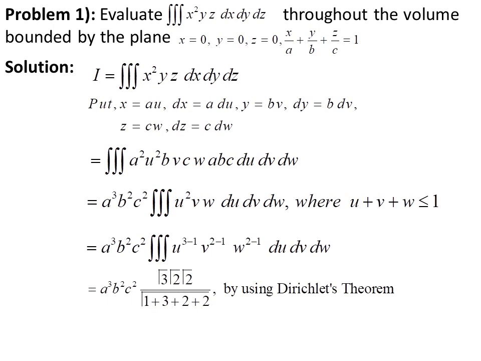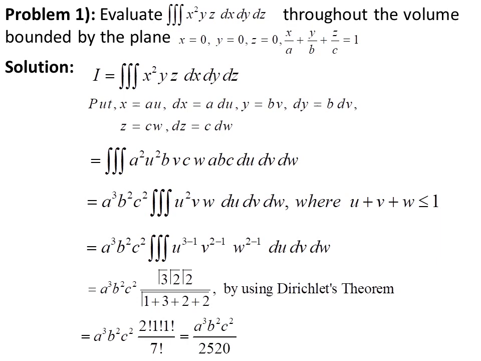So using Dirichlet theorem, the evaluation can be written as a cube b square c square into gamma function of 3, the value of l here is 3, gamma function of 2, the value of m here is 2, and gamma function of 2, the value of n here is also 2, upon gamma function of 1 plus 3 plus 2 plus 2.